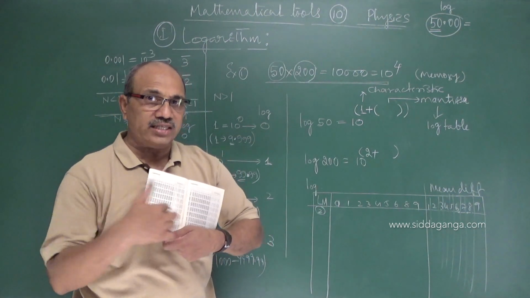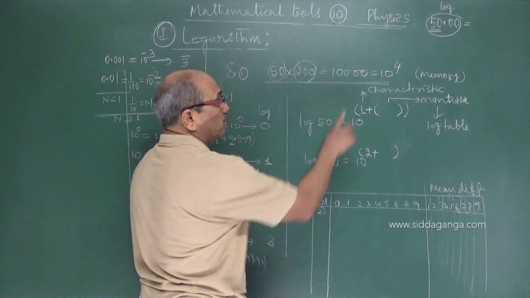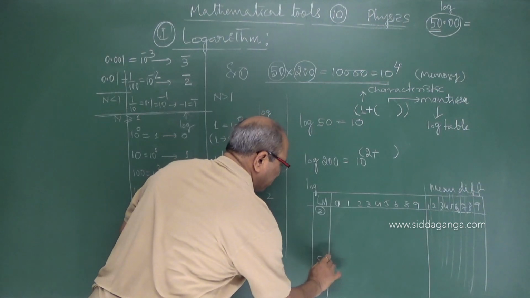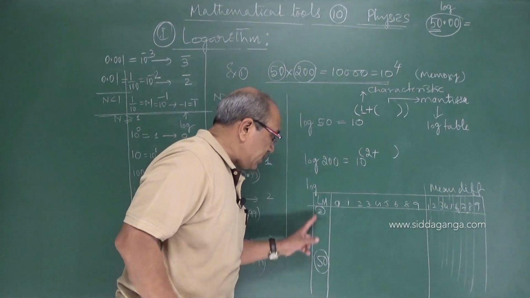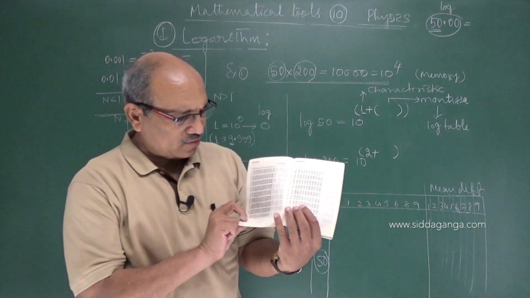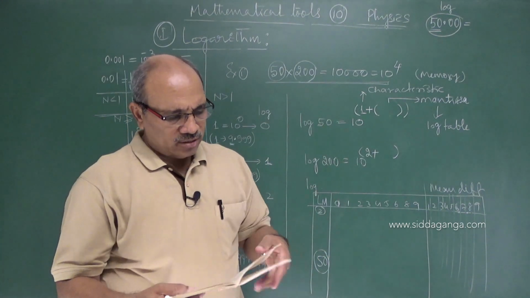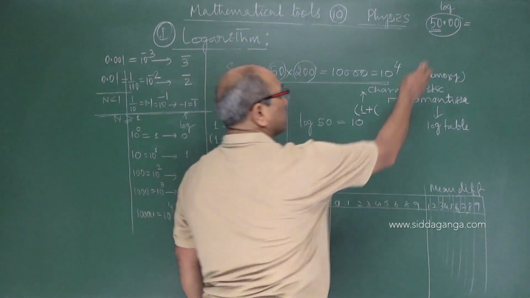How to get the log of 50? Go to the leftmost column, the first 2 digits. So go up to 50. You slide down the leftmost column until you get 50. So you will get 50 somewhere in this. When you look at 50, it is available. And see the third digit.